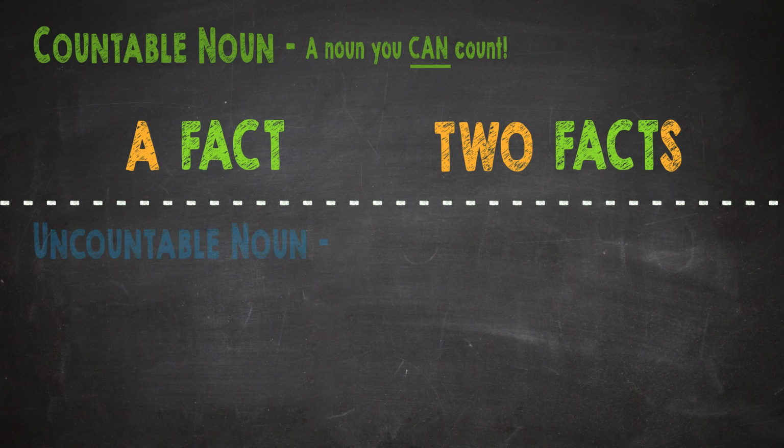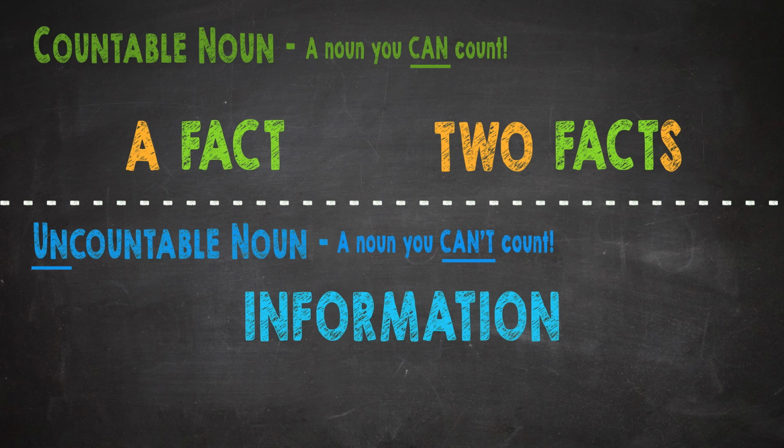So obviously, an uncountable noun is a noun you cannot count. For example, take the word information. It is similar to fact, but for some reason, information is uncountable. Don't ask me why. English is not a logical language.